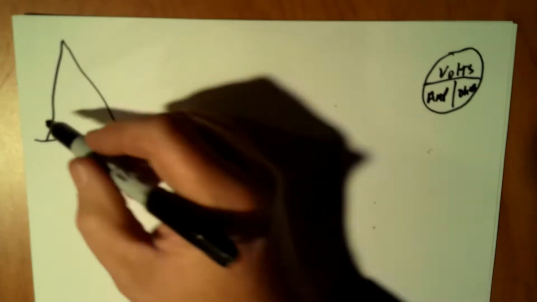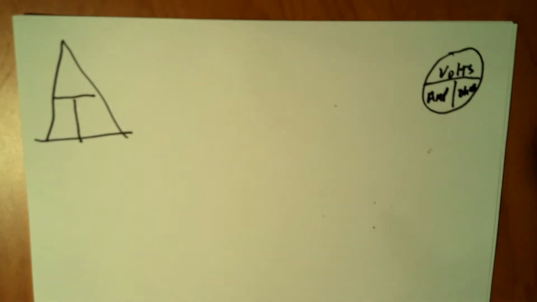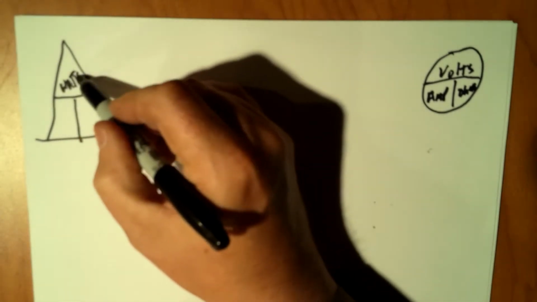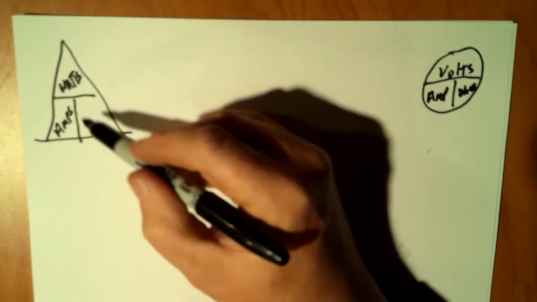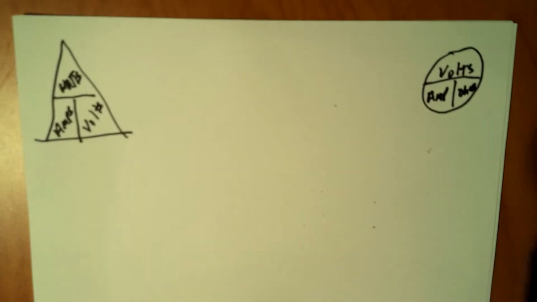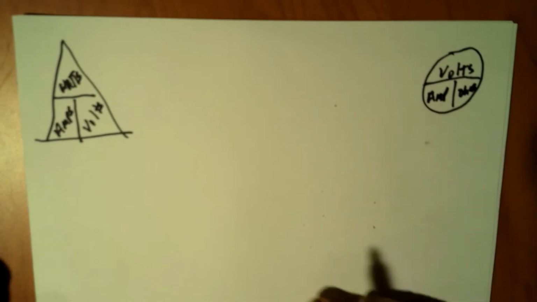I use these little diagrams to help you lay it out without having to worry about knowing algebra. These are the two formulas that you're going to need to use.